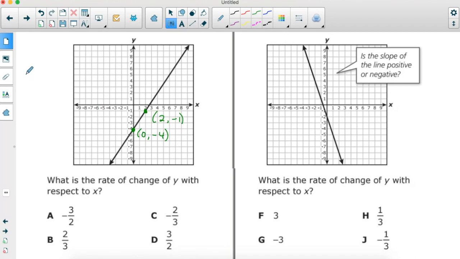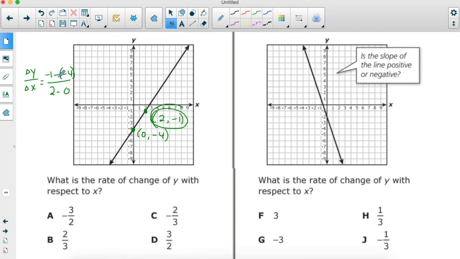So we're going to do the same thing where we do the change in y over the change in x. So it doesn't matter which one you start with. If I start with this one, I'm going to say, okay, -1 minus the other y, which is -4, over, now you go back to the point you started with, 2 minus 0.